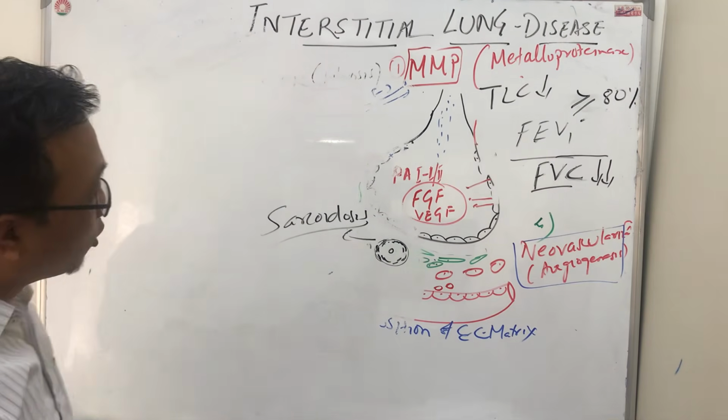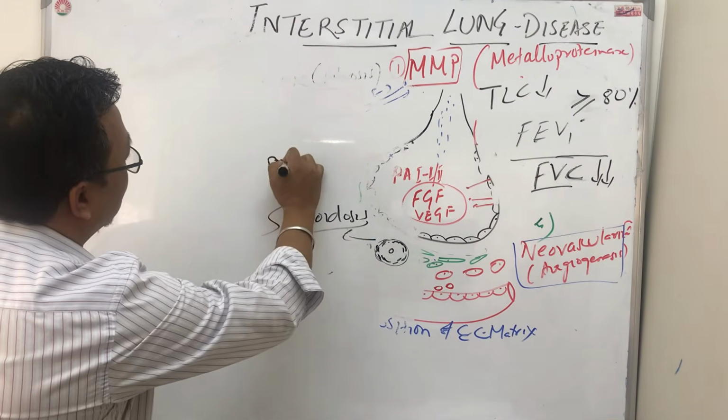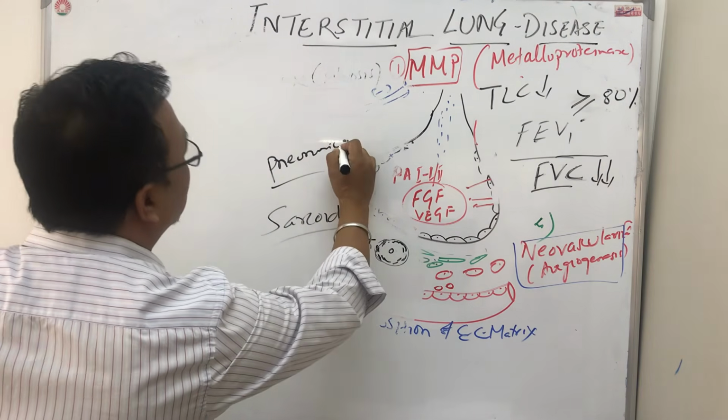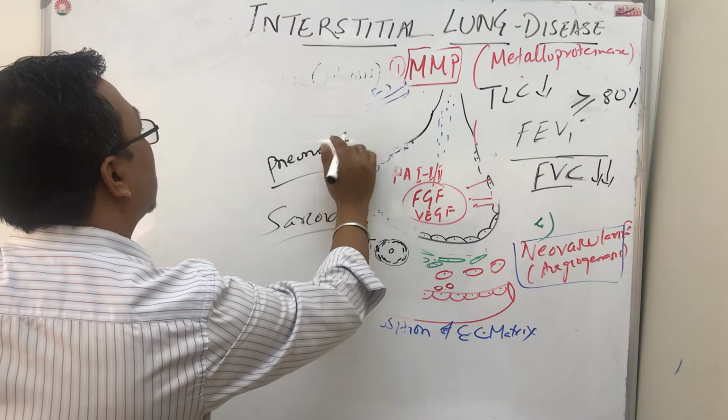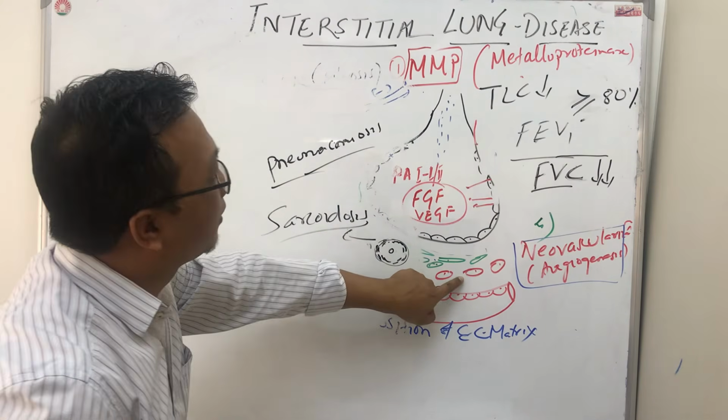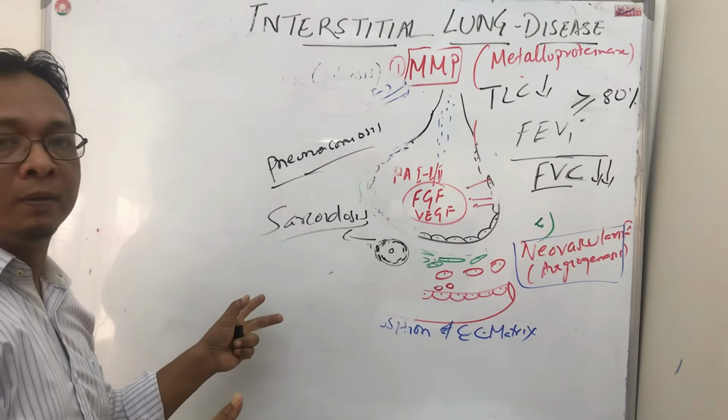While in pneumoconiosis, there is inflammation and scarring. So these two things can happen.